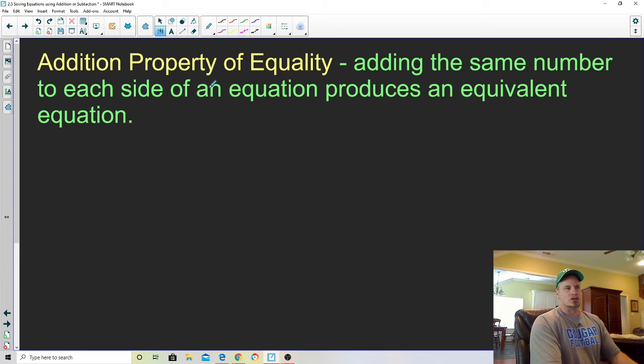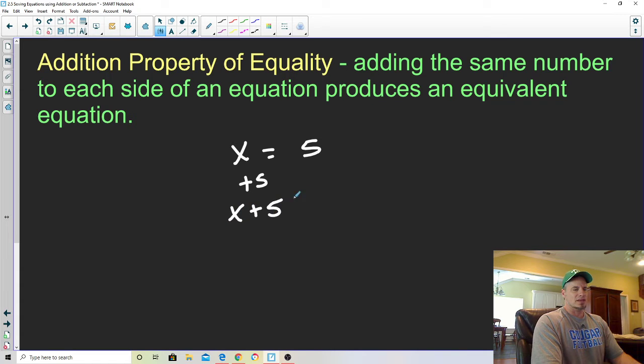Okay, so the addition property of equality, which is what we're going to be using today, says that adding the same number to each side of the equation produces an equivalent equation. In other words, let's look at this. If I have x equals 5, very simple, that's an equation, has an equal sign. Let's say I add 5 to the x, that gives me x plus 5, and I add 5 to the 5, I get 10.